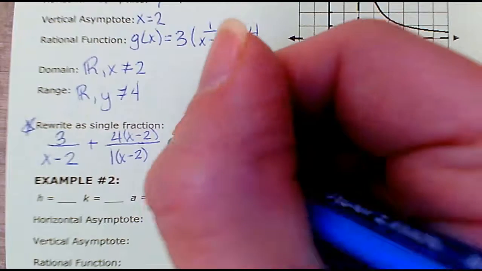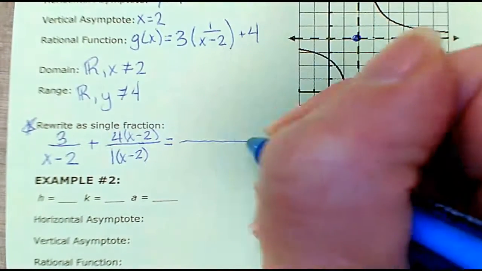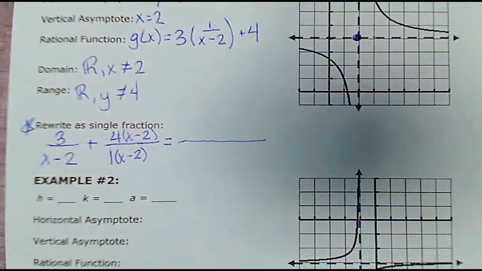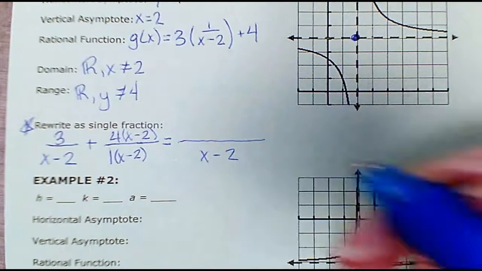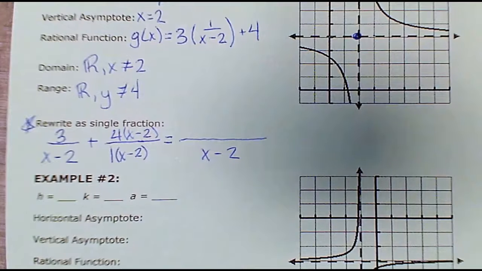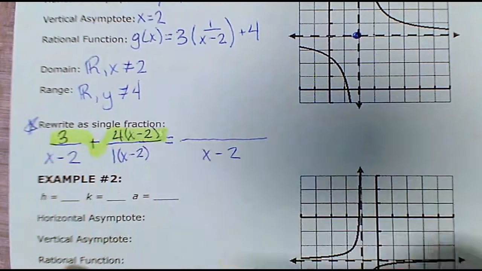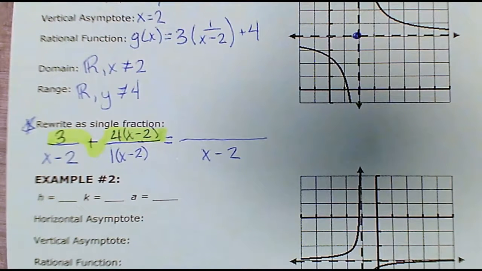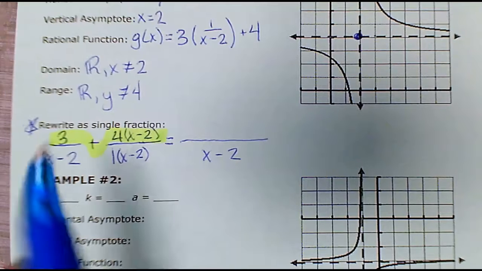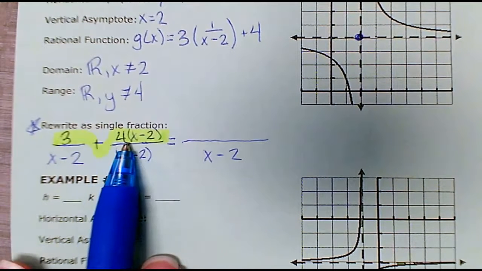So now, the denominator is just what? What's the common denominator? x minus 2. And the numerator is created by the 2 previous numerators joined with that operation in the middle. So it's not 7x minus 2, because for PEMDAS, that 4 is being multiplied and added.